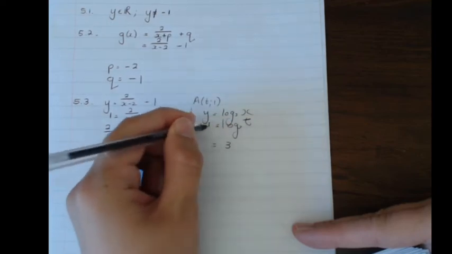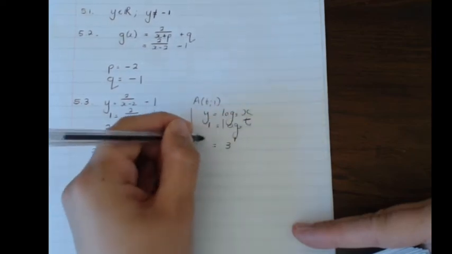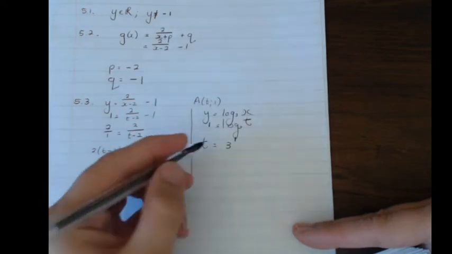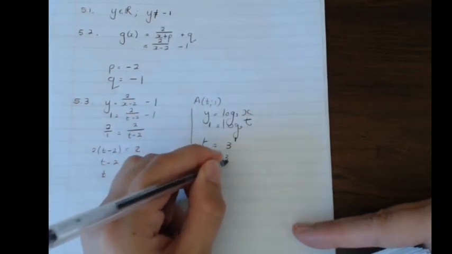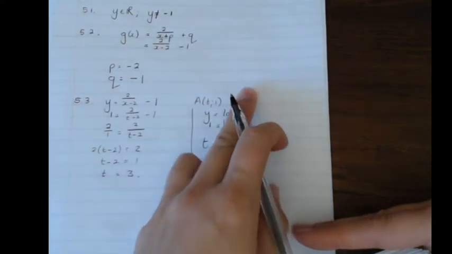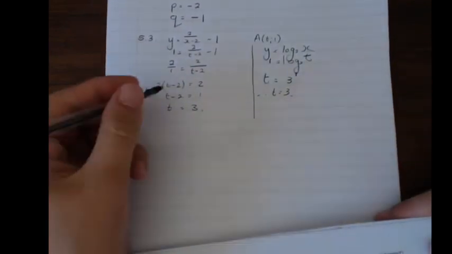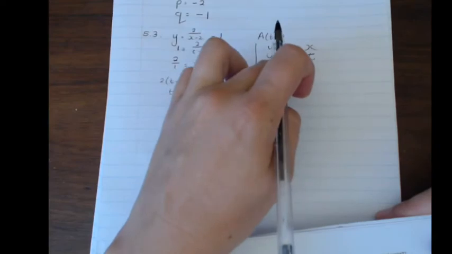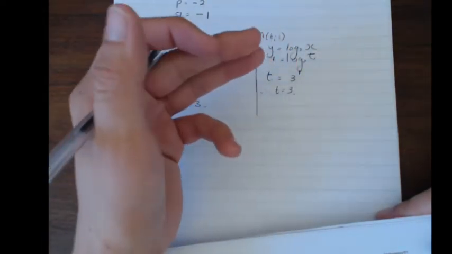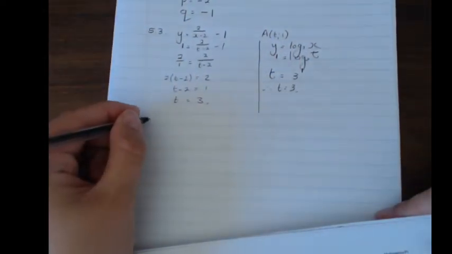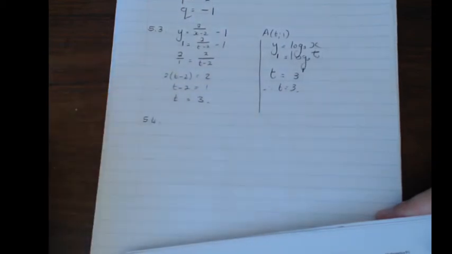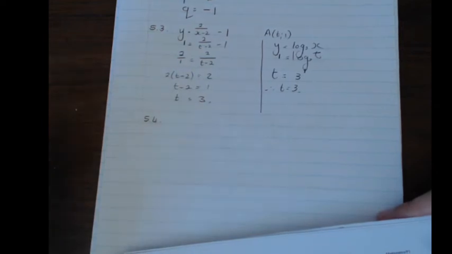So it's 3 to the power of 1 is equal to t, meaning t is 3. Using the log is actually shorter, but some of us might still be a bit scared of logs. Don't be scared of logs. They're really fun, they're really not that difficult. Make sure you know the basic definition of a log and how to change between log and exponential form. A lot of it you can do with your calculator, and there are a few log laws that are similar to the exponential laws.